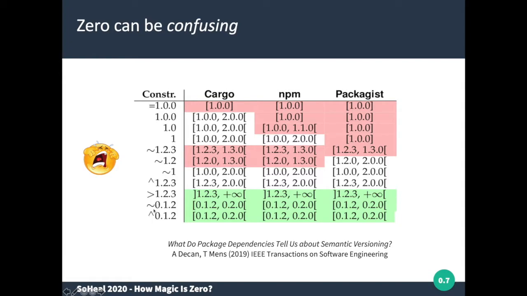Strangely enough, for the 0 major version, the interpretation of tilde and caret is actually identical for all three considered ecosystems. We do see that if your major version number is 0, the way in which tilde and caret should be interpreted is different from when your major version is 1 or higher. So this leads to quite a lot of confusion with developers.